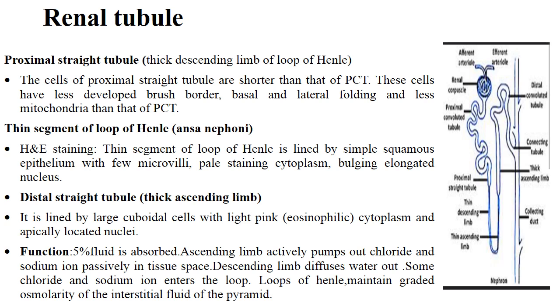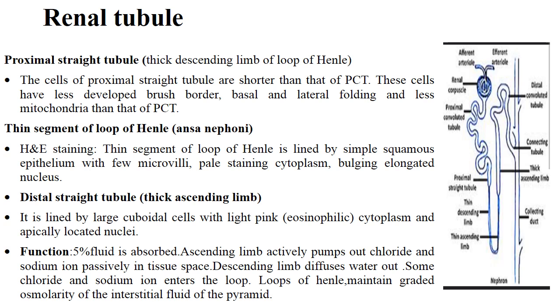Then we have the loop of Henle, which is also known as ansa nephroni. The length of the thin segment of the loop of Henle is variable according to the type of nephron. It is longest in juxtamedullary nephrons and shortest in cortical nephrons. Under routine HNE staining, the thin segment of the loop of Henle is lined by simple squamous epithelium with few microvilli.